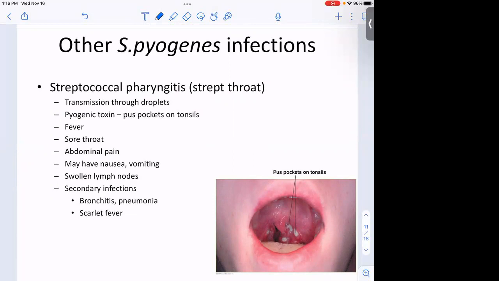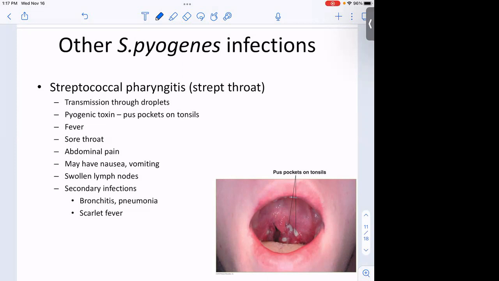But if you do have a really seriously hurting throat, usually accompanied by some fever, good idea to have that checked out. If you don't want to pay for a doctor visit, you can go to Meyer and get a rapid strep test, and if it's positive, they will give you the antibiotics. So if you're somebody, especially, that seems to get strep throat, that might be the way to go.